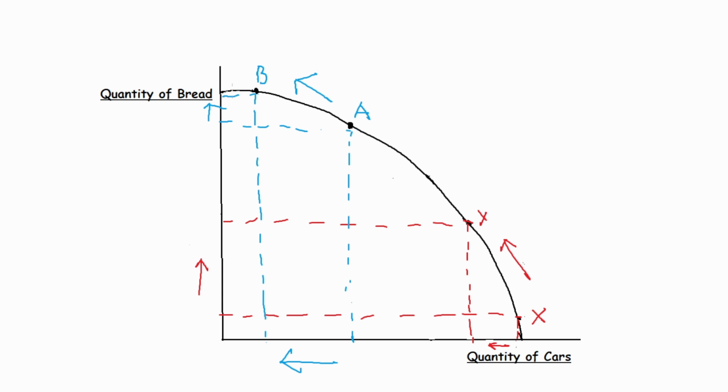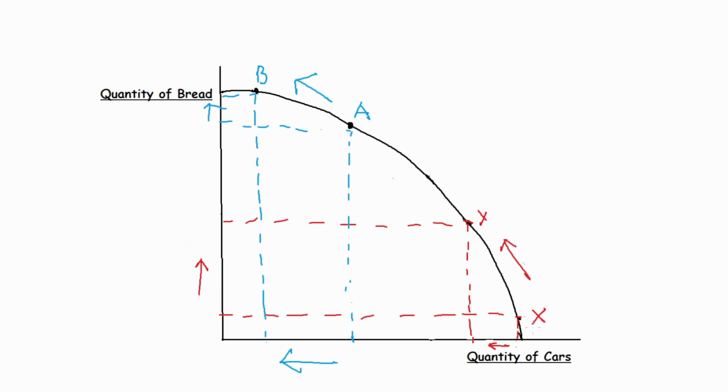You might be wondering, how did I come up with the concave shape of this production possibility frontier? Well, this is because resources in our economy are not perfectly substitutable. So we have a diminishing return on production as we reach the extremes of production for bread or cars.